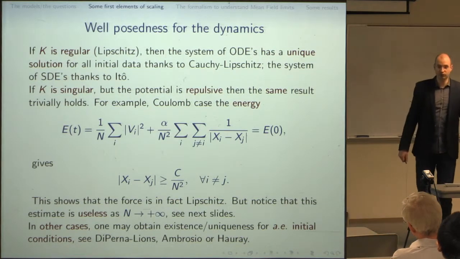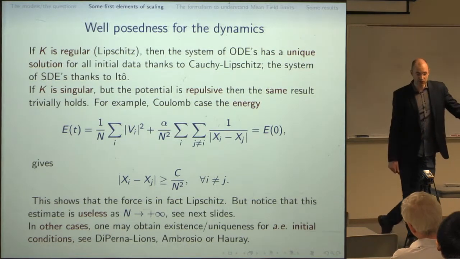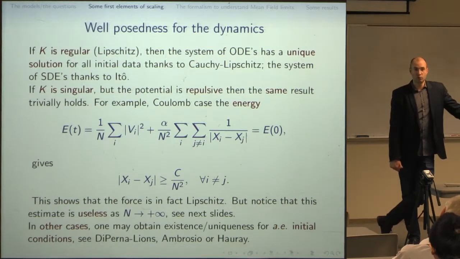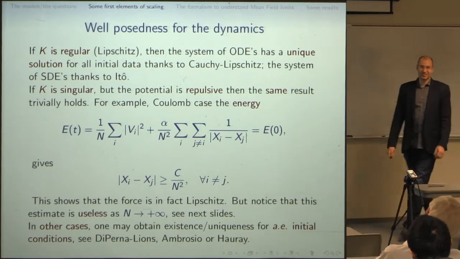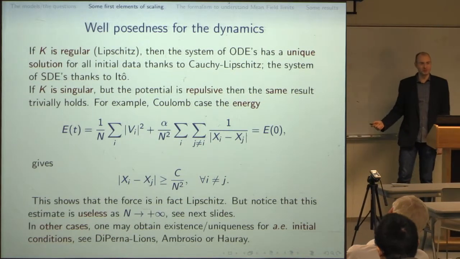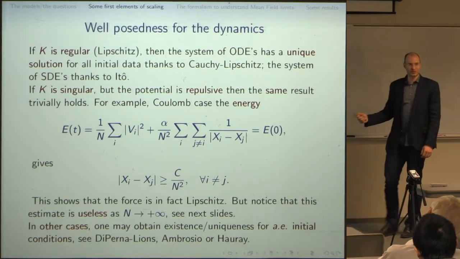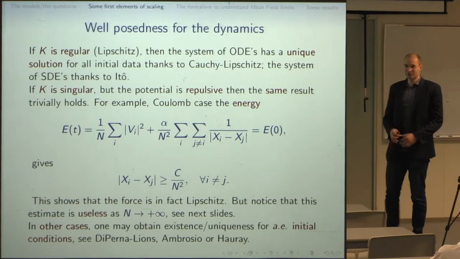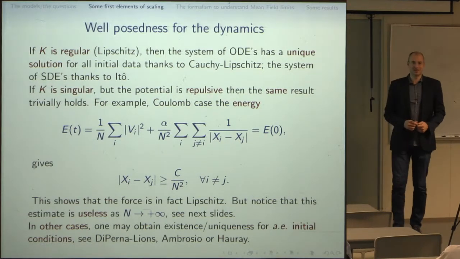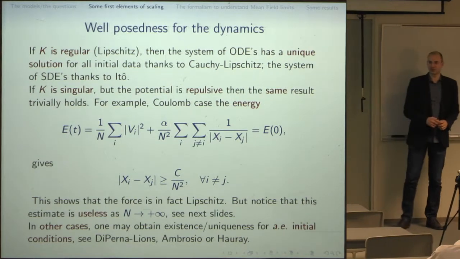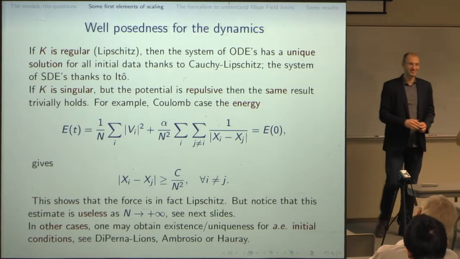Let me just mention for those who are interested that in the gravitational case, we do not know whether the system is well posed if the number of particles is larger than 4. So that shows a little bit the difficulty: the first dynamical system that was ever written, we still don't know much about it for 5 objects.